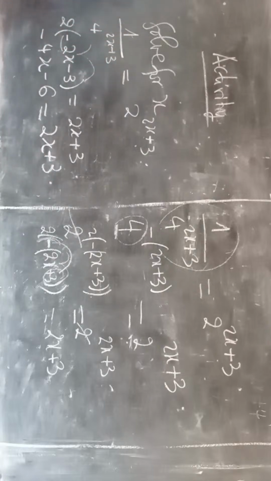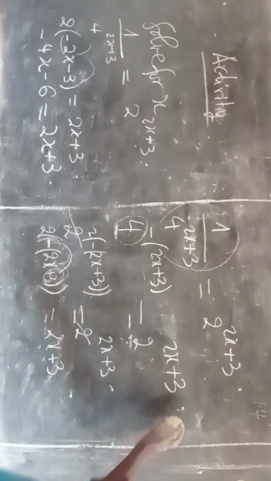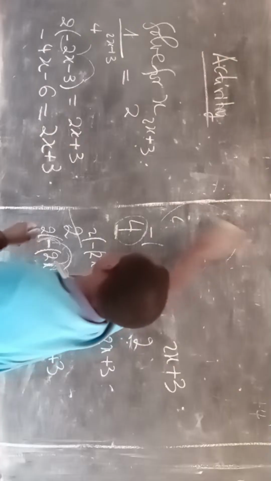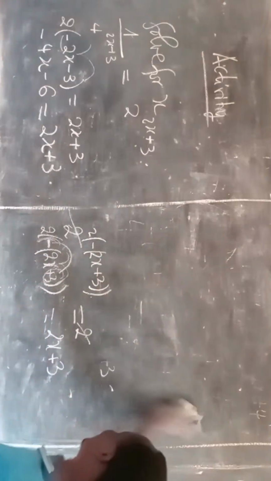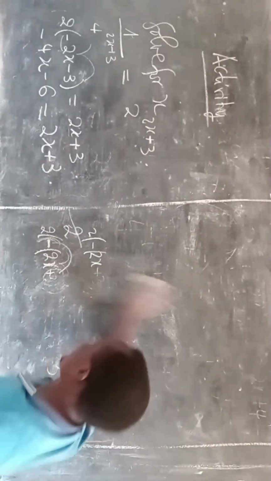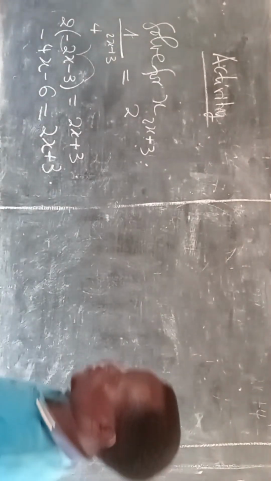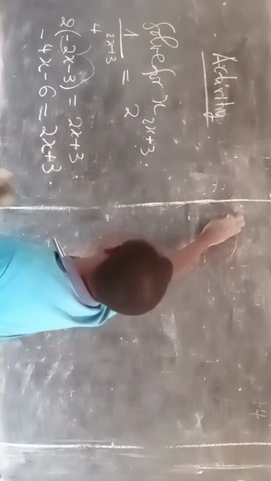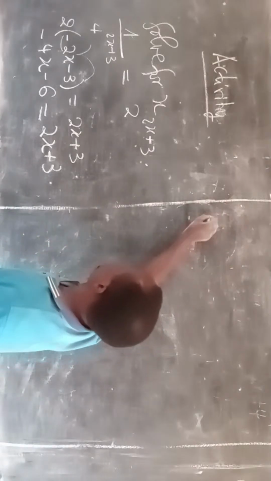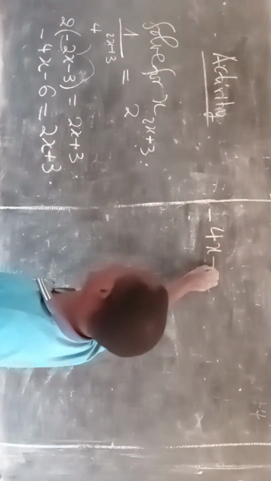Now we are going to collect similar terms. How are they? We have minus 4x minus 6.